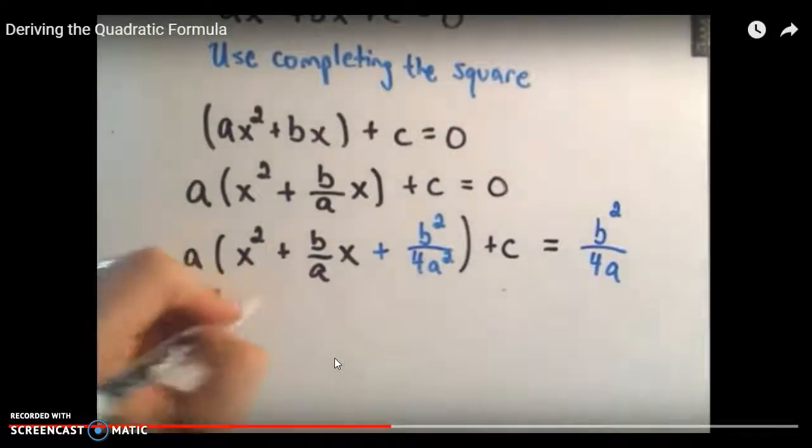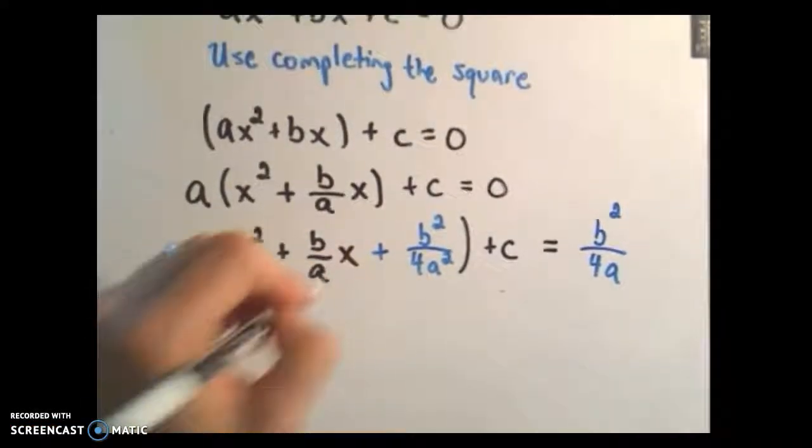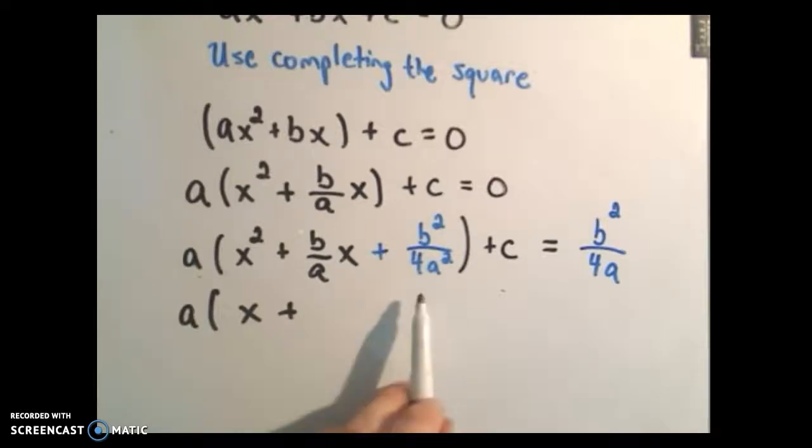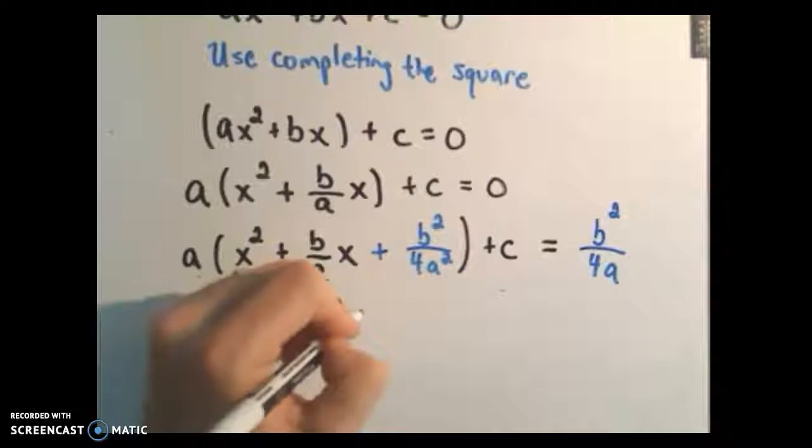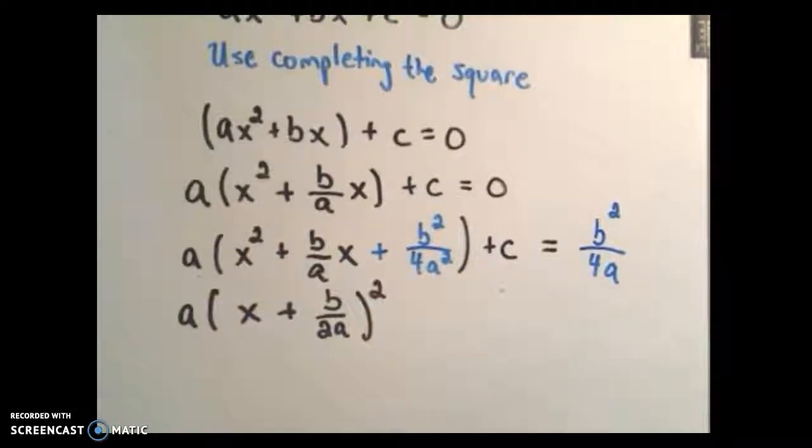The point of completing the square is that now you can write the stuff in parentheses as a perfect square. And whatever half of the middle term is, that's how this will factor out. So you can multiply out x plus b over 2a times x plus b over 2a. We will get this stuff back in parentheses: x squared plus b over a x plus b squared over 4a squared.